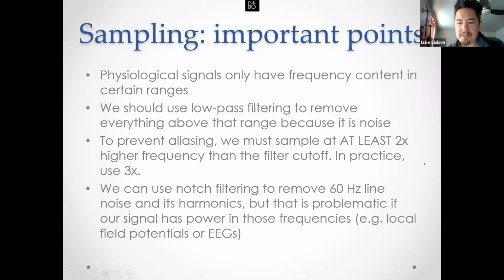Notch filters, you can use them. It can be problematic, and even if you're going to use a notch filter, it's really best if you invest more time up front grounding things properly and really trying to get the best quality recordings that you can.